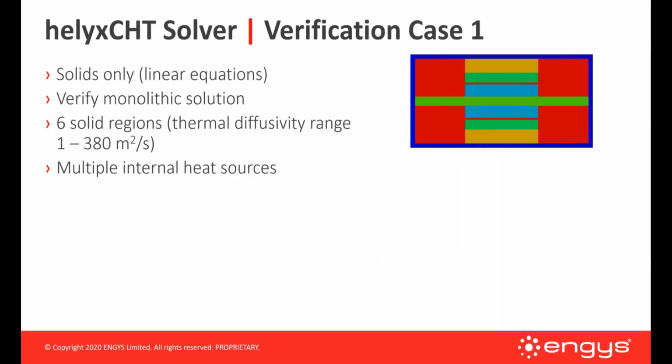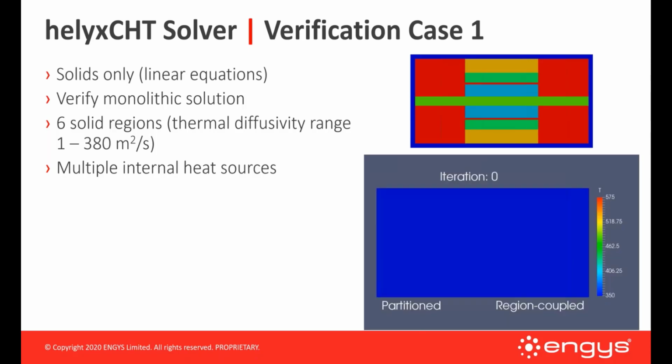So let's talk about a verification case. Here we have the HELYX CHT solver, and the first verification case is a solids only case. We're just verifying the monolithic solution. It's 6 regions with various different thermal diffusivity ranges, and there are multiple internal heat sources.